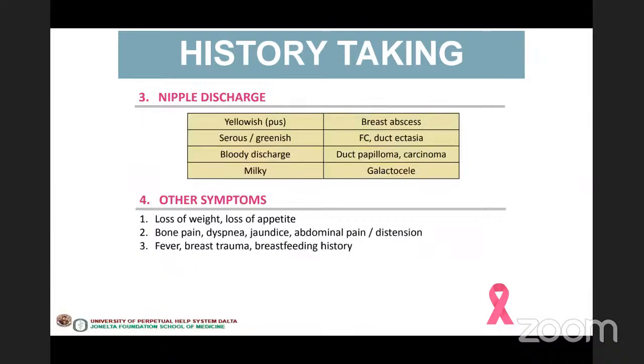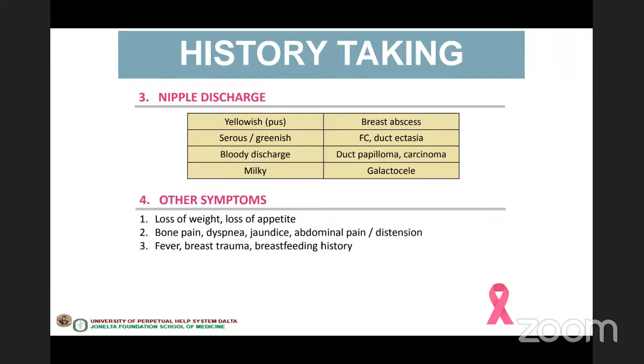Okay. As I mentioned, nipple discharge would be buzzwords for different conditions. Okay? And they are the following. Yellowish, of course, that's a breast mass.